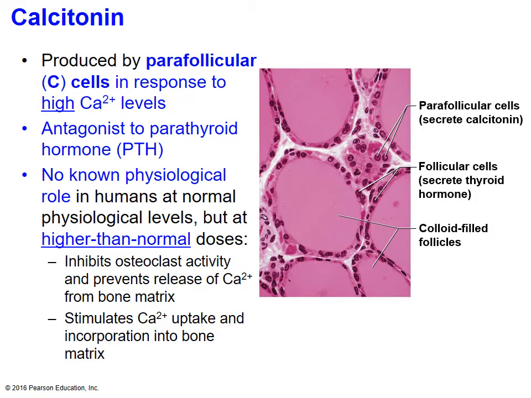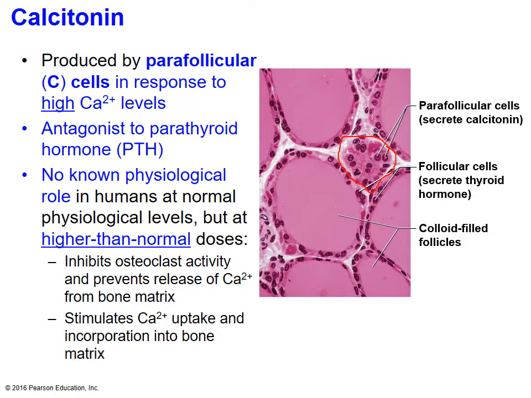Now, here's a look at the other hormone that's being secreted by your thyroid. This is called calcitonin. Calcitonin is being secreted by our parafollicular cells. Remember, the cells that lie outside the follicle. And calcitonin doesn't really have an effect in humans because we're mostly able to regulate our calcium levels.